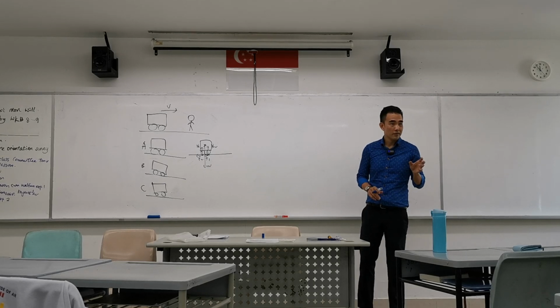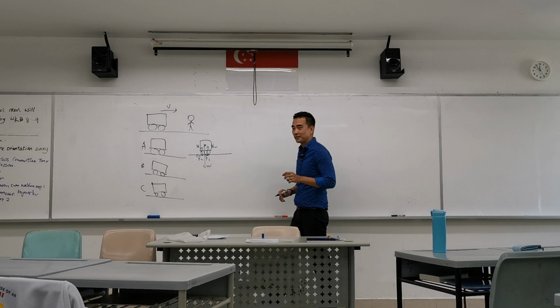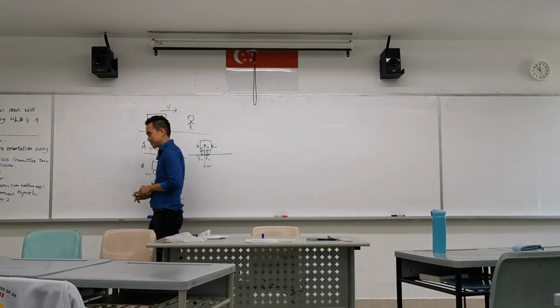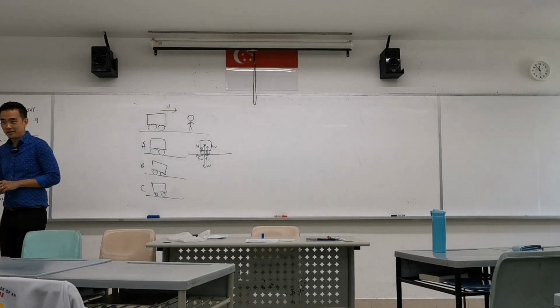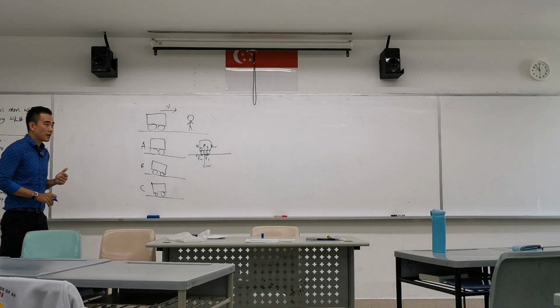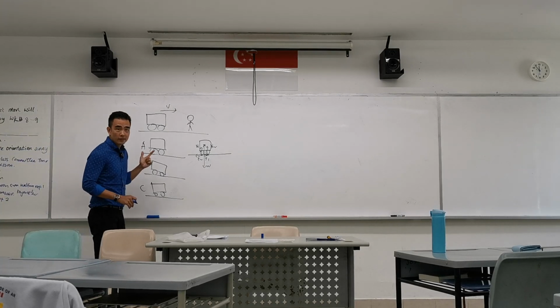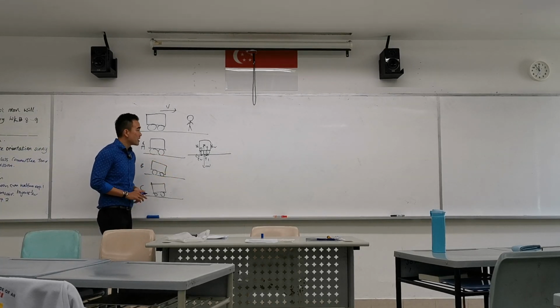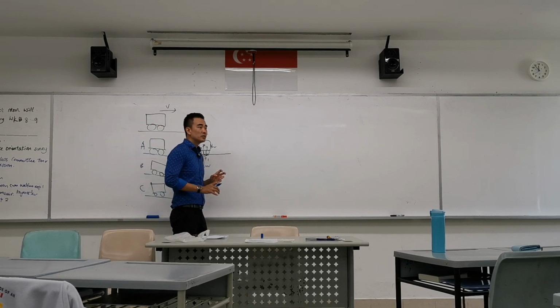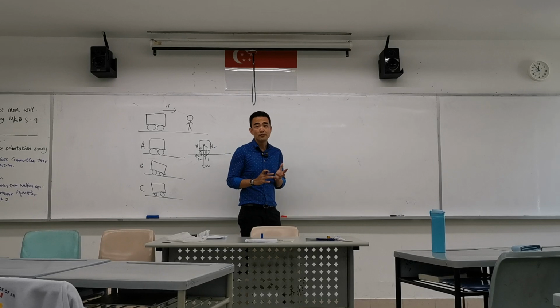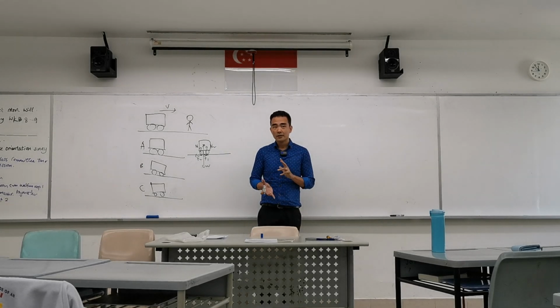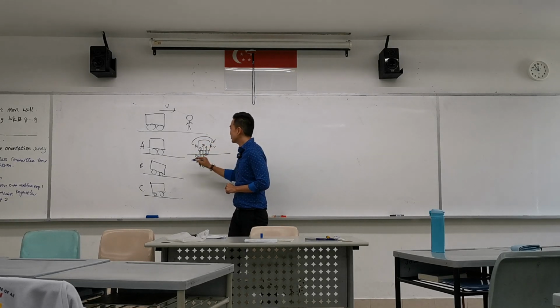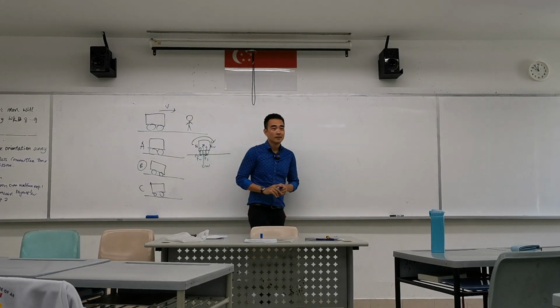Three. F1, F2, and N1, exactly. And N2 is the only one that produces the anti-clockwise moment. So there is a very strong tendency for the vehicle to turn clockwise. Exactly, and that's why it goes into this position.